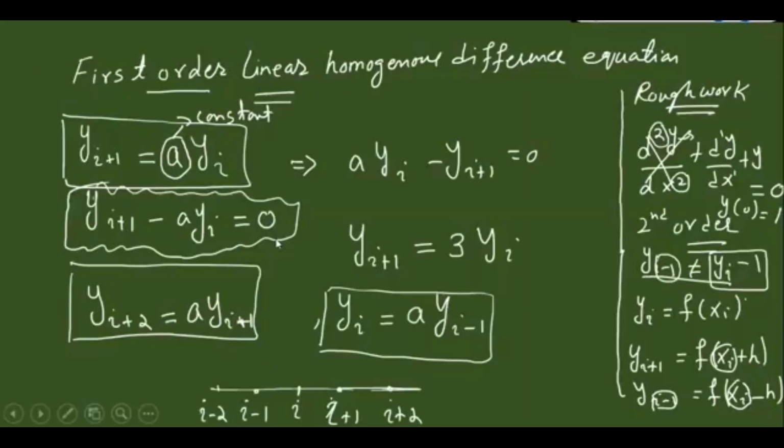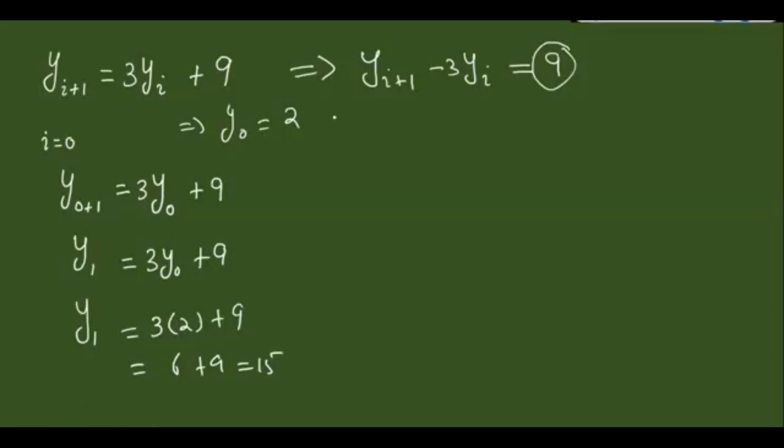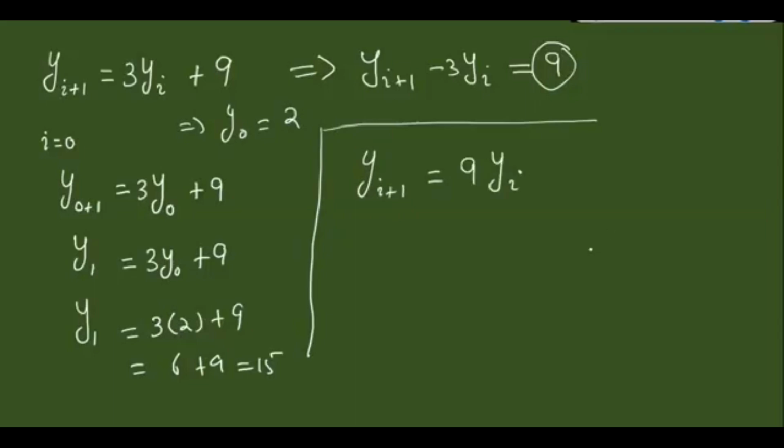Okay, so let me write down one more example for you. If I have y_{i+1} equal to 9 times y_i, one can clearly understand this is first order.